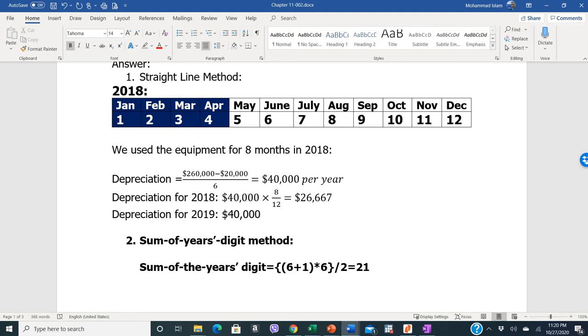You got it? So now for the period 2018, the depreciation would be how much?